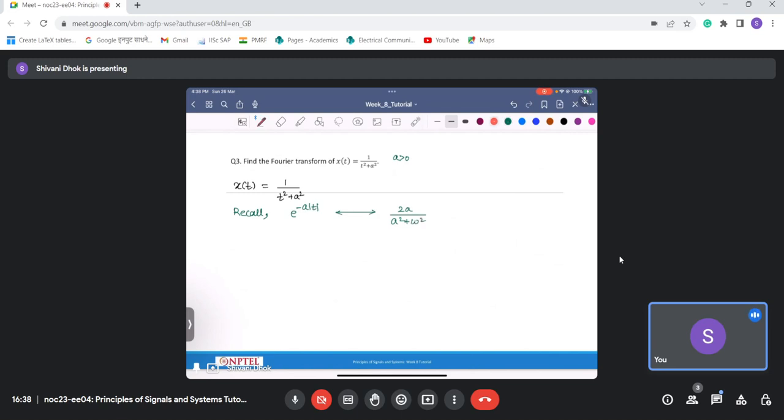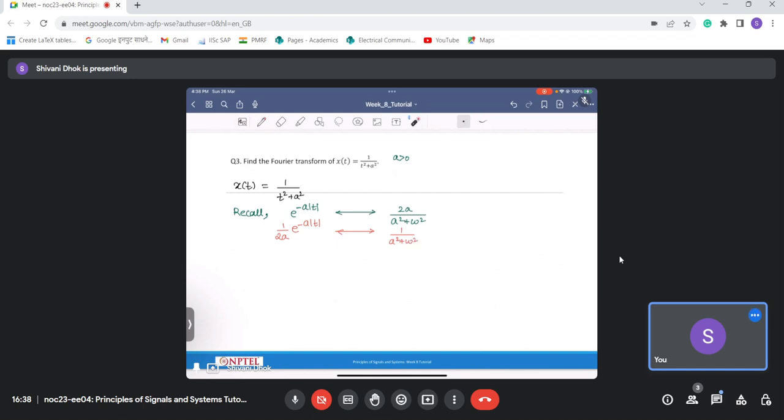Now let us multiply by 1 over 2a on both the sides. Because of linearity, it will affect both sides in a similar way. So 1 over 2a e power minus a mod t has Fourier transform as 1 over a square plus omega square.